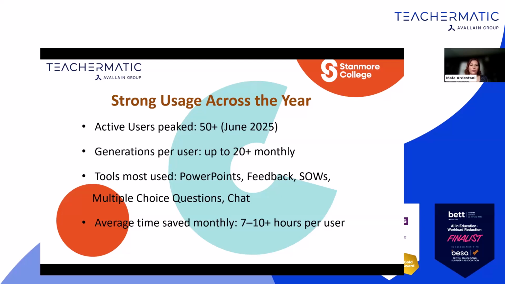And also, lots of our teachers use chat with TeacherMatic. All of these generators help teachers focus more on learners rather than admin. On average, colleagues reported saving 7 to 10 hours per month, and many reinvested that time into coaching sessions, differentiation, or the quality of feedback.